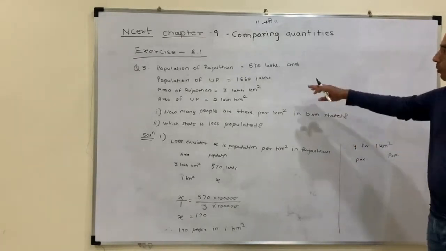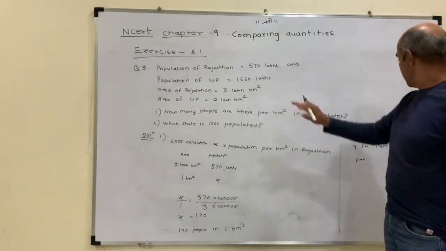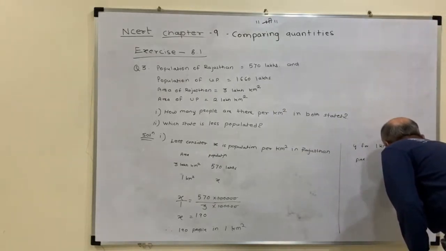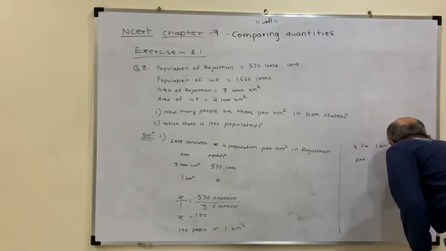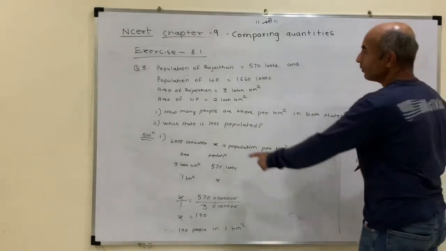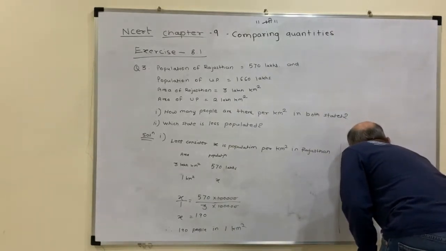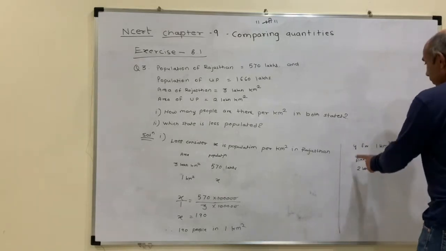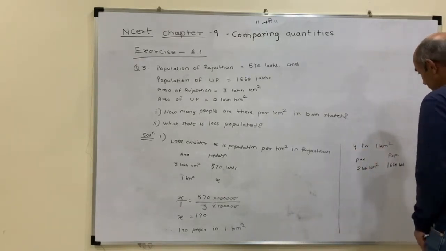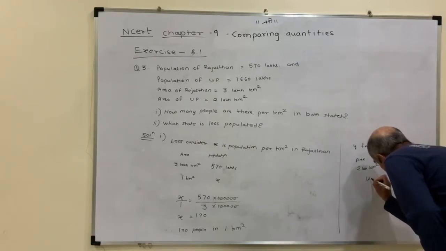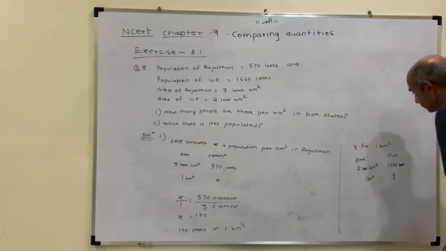So how much is the population of UP? It is 1660 lakhs. And how much is the size of UP? 2 lakh kilometer square. Y is the population for 1 kilometer square.